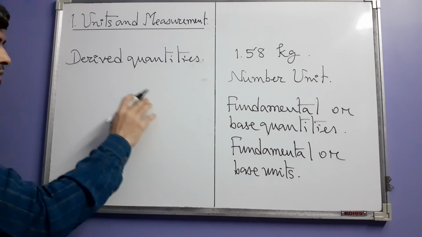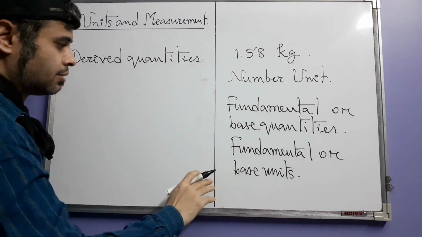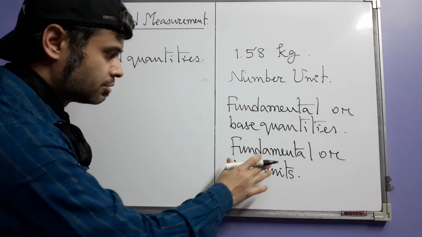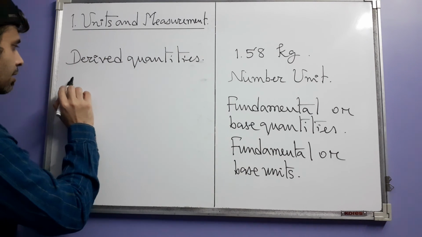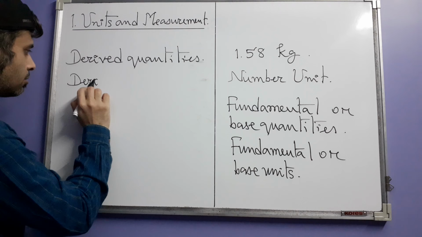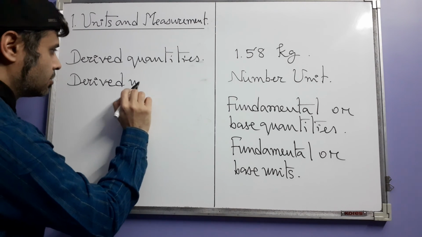And the units that the derived quantities get from similar combinations of the fundamental units are called derived units.